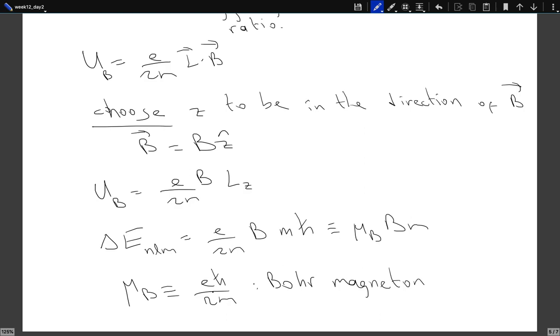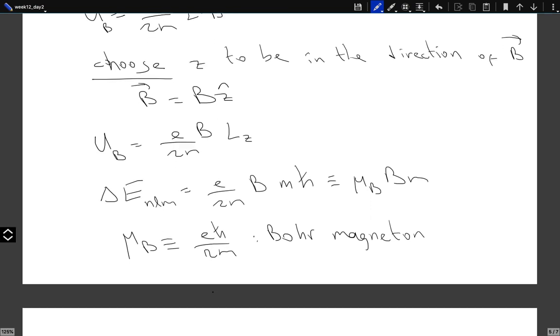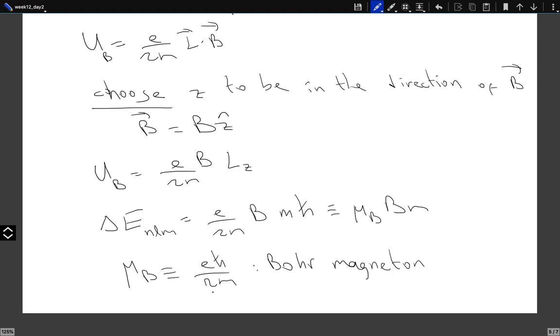Okay, so sure. You see, we didn't assume anything special about the direction of B. B is in some arbitrary direction. Then we just said that, okay, let's choose the z-axis to be in that direction. Exactly. So independent of how you define your directions, if you put your atom in a magnetic field, then the energy levels will split in three.